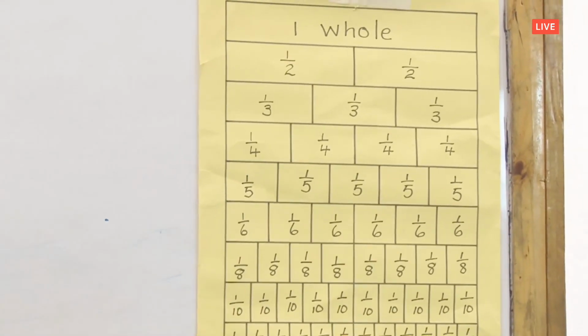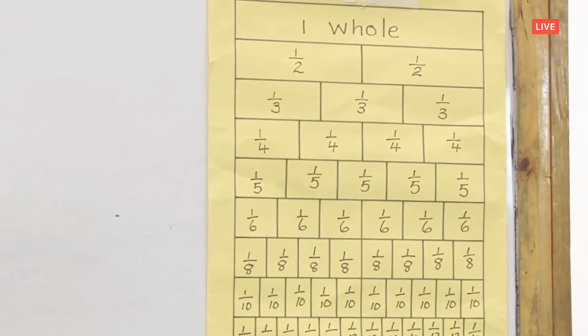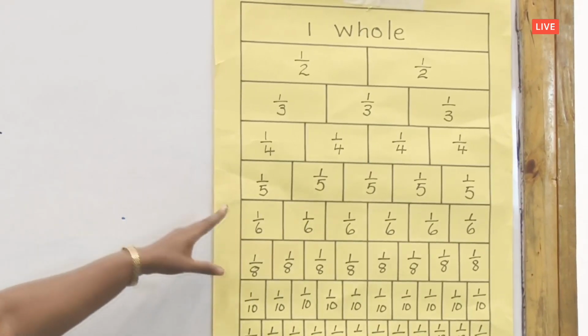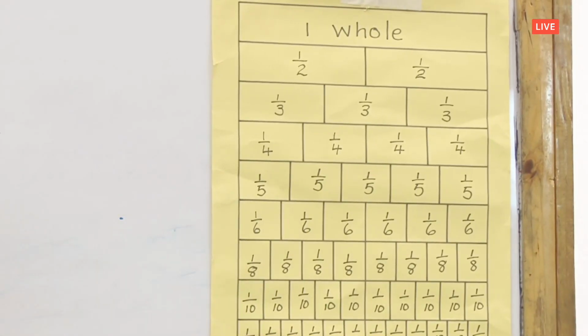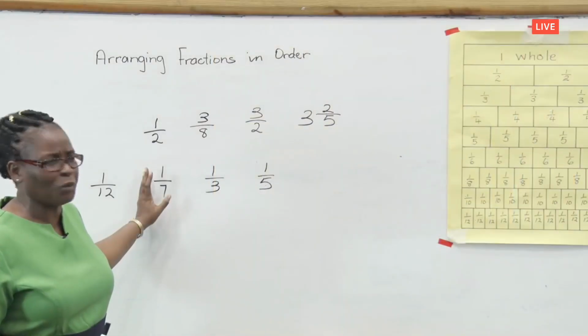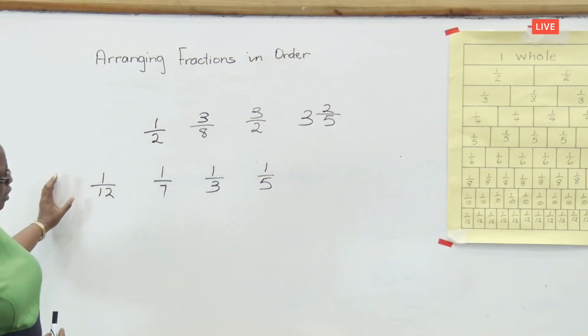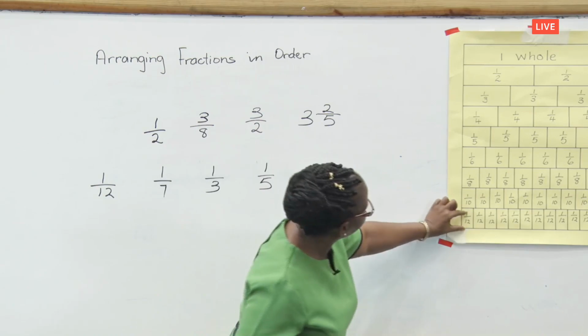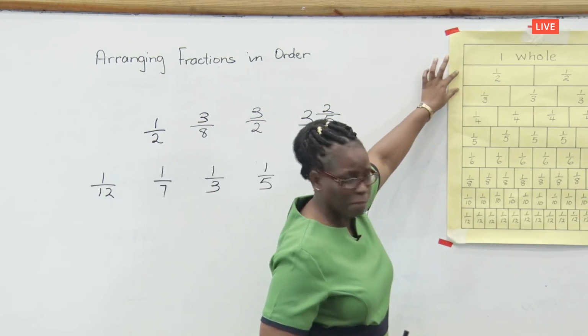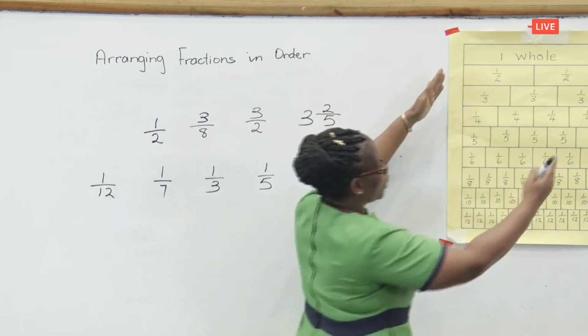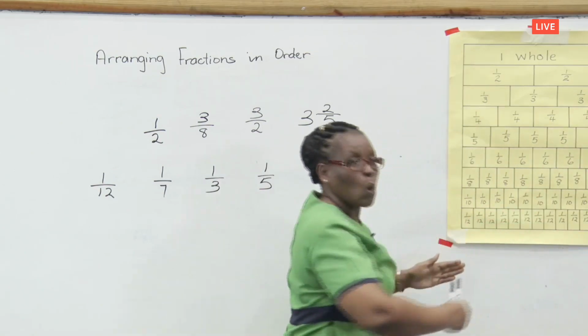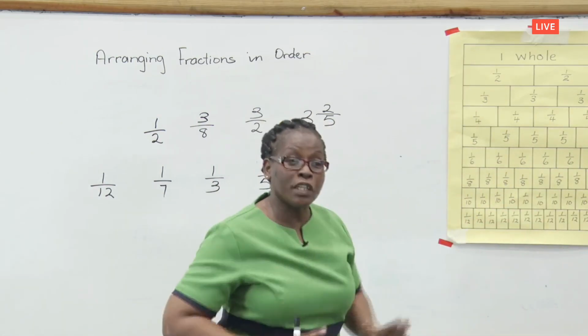So let's just look here. We can find these over here except for 1/7, but that would not be a problem. We would still get it out. So we have 1/12, and let's look at 1/2. First thing you notice, all these are wholes.